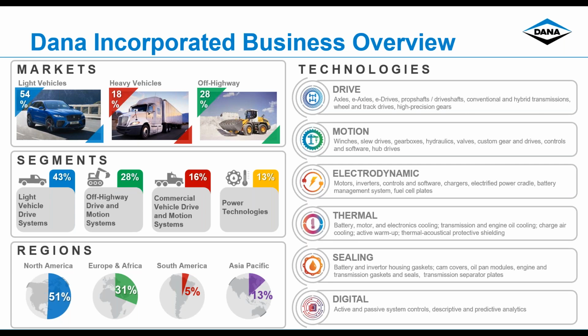To represent these markets better, Dana decided to divide itself into four main segments or business units: light vehicle drive systems, off-highway drive and motion systems, commercial vehicle drive and motion systems, and power technologies. Each of them presents different fields and technologies that can be summarized in the list you can find on the right part of the slide: drive, motion, electrodynamic, thermal, sealing, and digital.